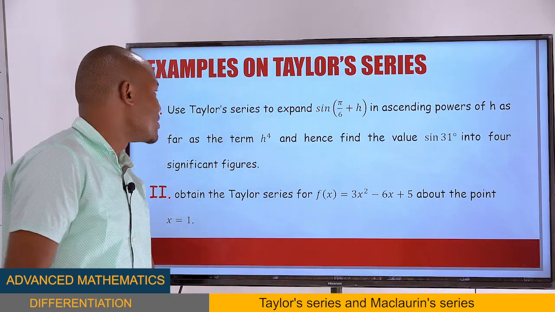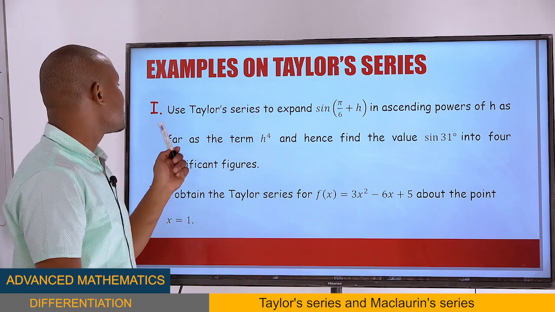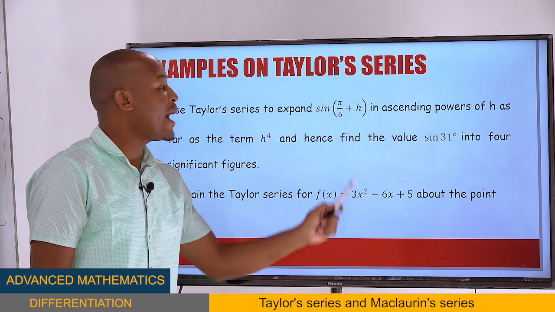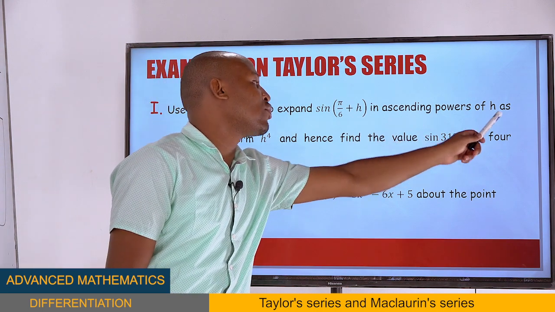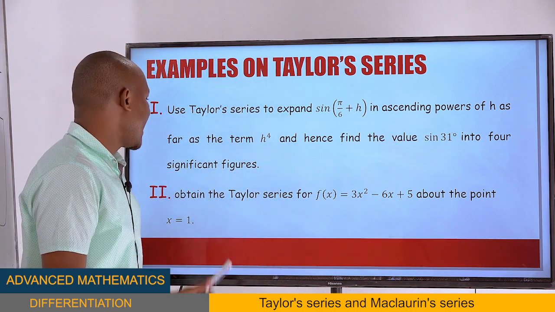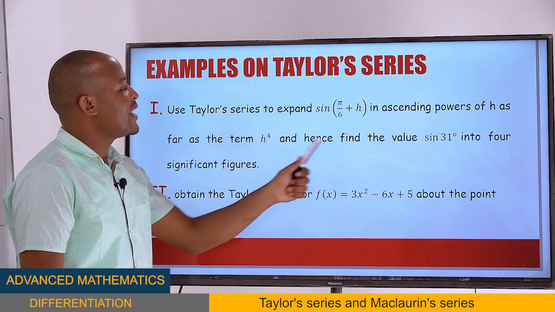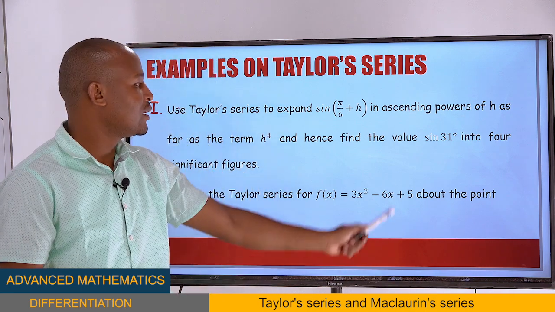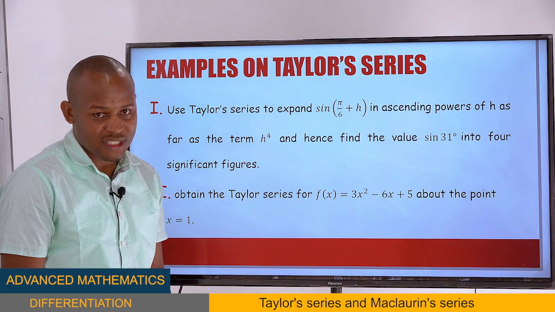Now examples. Example on Taylor's series. Use the Taylor series to expand sine of pi over 6 plus h in ascending powers of h as far as the term h raised to 4, and hence find the value of sine 31 degrees to four significant figures.